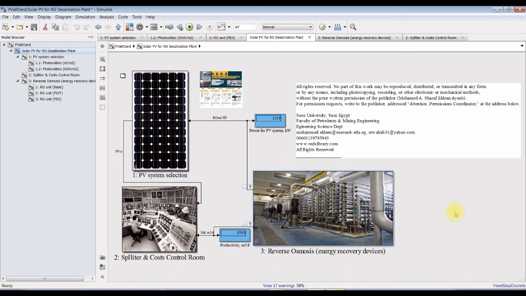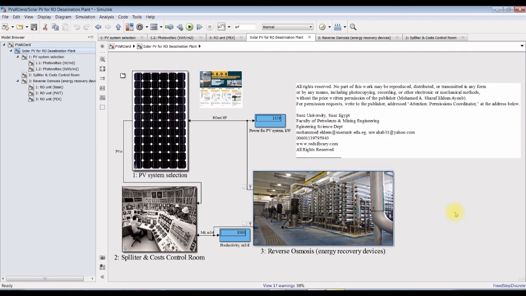What is the total area? What is the module area? What are the design aspects for the reverse osmosis plant? It is quite interesting to explore for the designer and the investors.